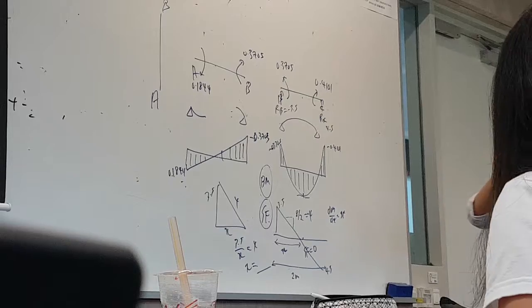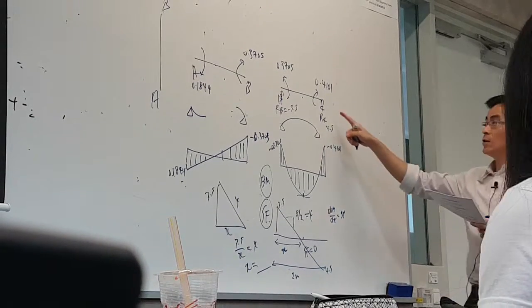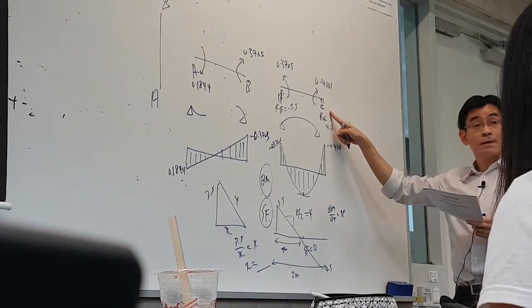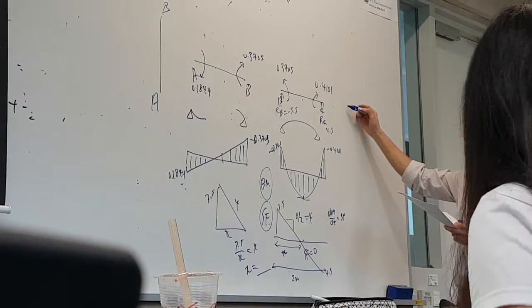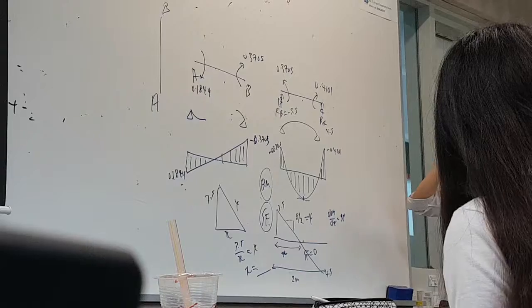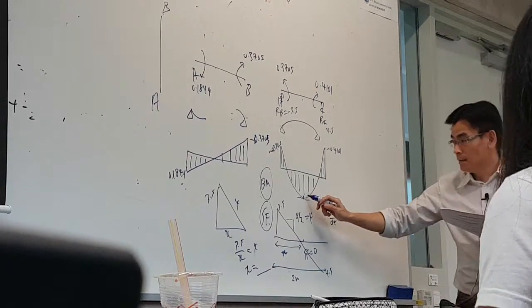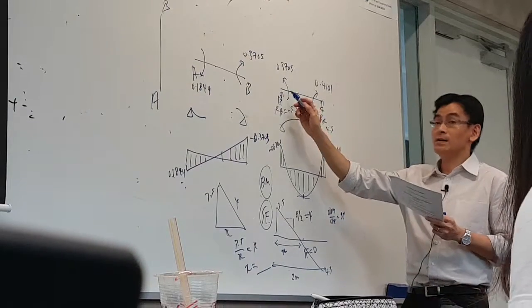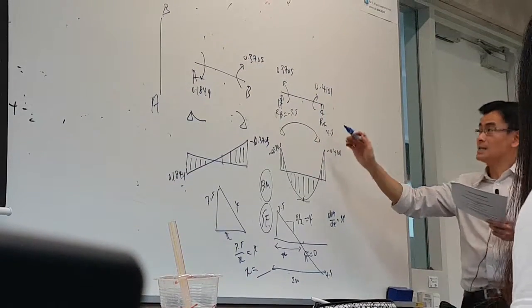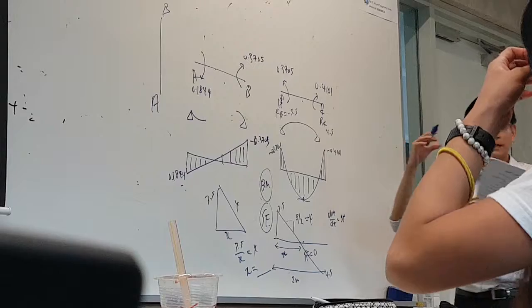If you refer to the notes again, you then have to consider this member. How you need to determine the moment over here: this is my member, I need to start from BC. For this case, I need to do a cut, a method of section.